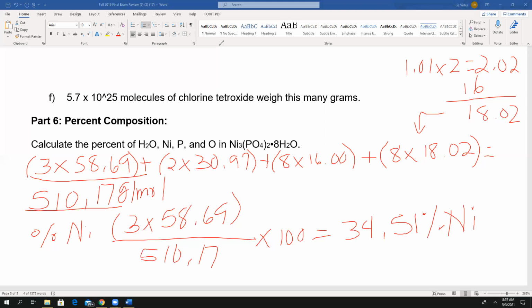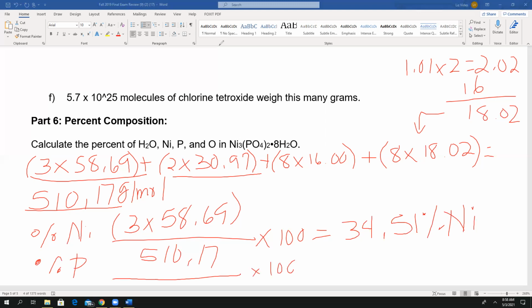Unfortunately, we're going to have to erase part of this so that we can keep going. The next one will be percent phosphorus. So 2 times 30.97 divided by 510.17 times 100.